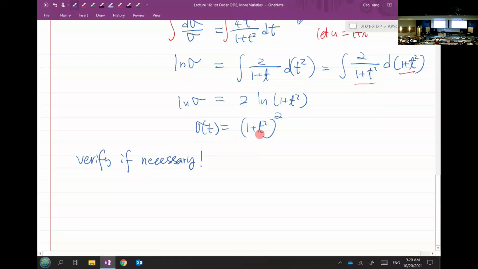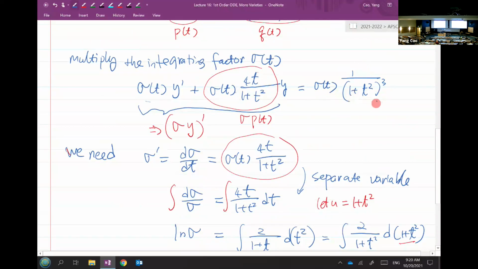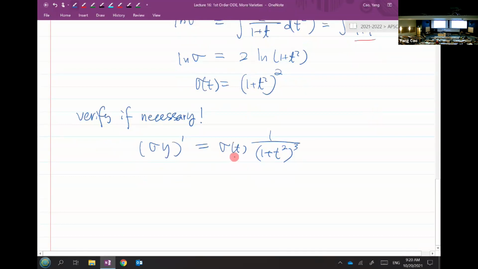So now the original differential equation becomes sigma y prime equal to sigma of t multiplied by this 1 over 1 plus t squared to the power of 3. So equal to sigma of t times 1 over 1 plus t squared cubed. So time to substitute the sigma into this expression.